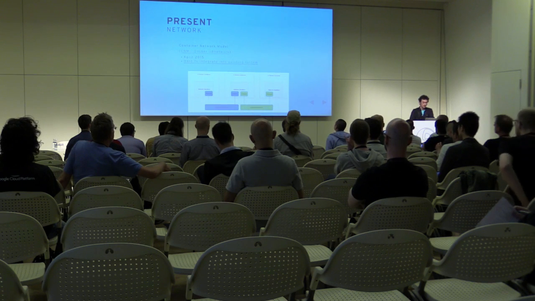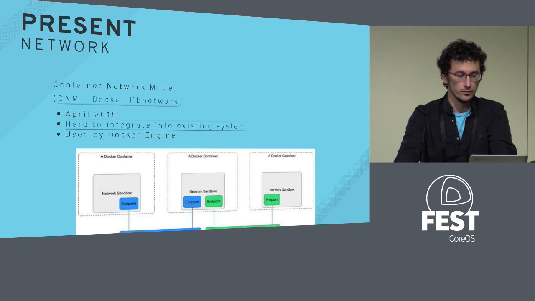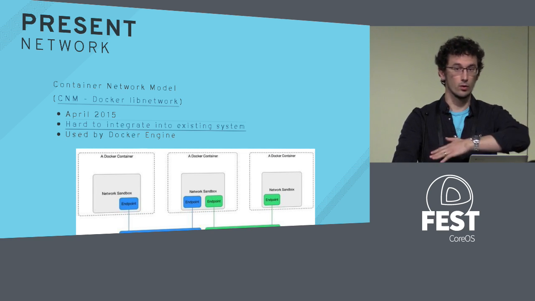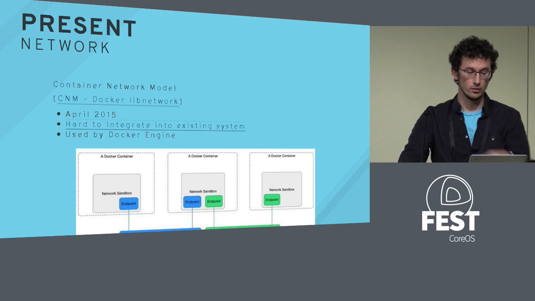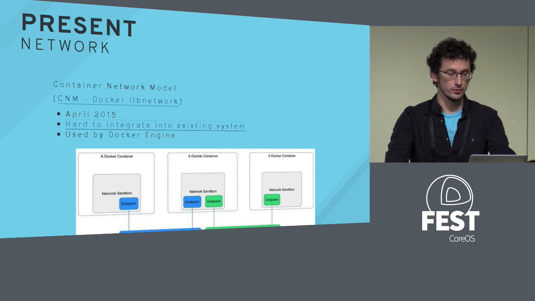The hyperlink there goes out to Tim Hockin from Google and the Kubernetes team, with his blog post explaining why, as the Kubernetes project, they are choosing not to work at all with the libnetwork framework model, because it takes away a lot of the control that you would need as a network plugin implementer.